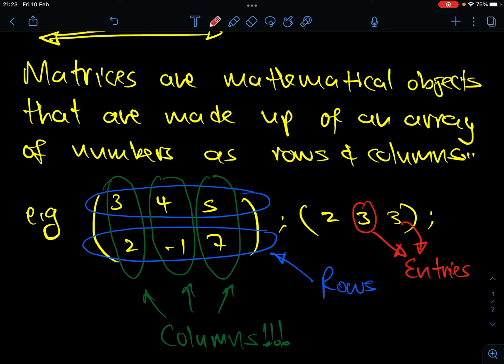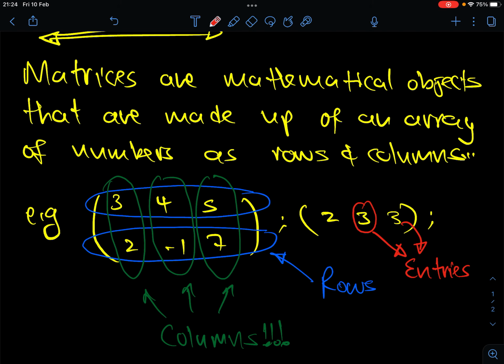So now we see what we mean by an arrangement of numbers into rows and columns, and all this being written within brackets, as we can see there.